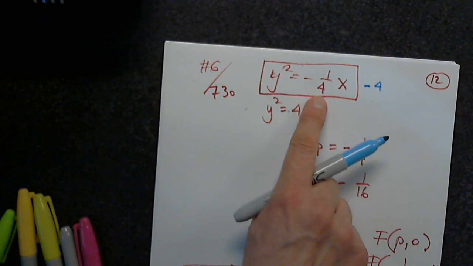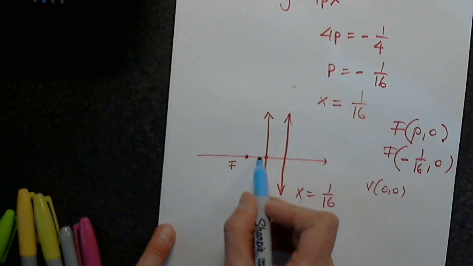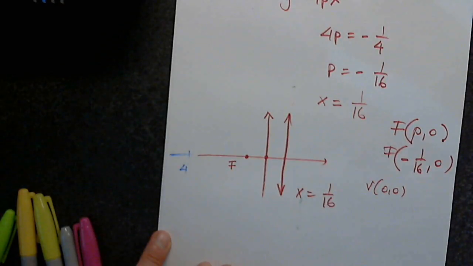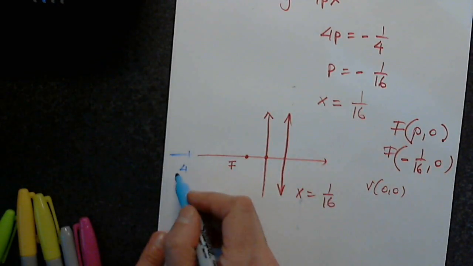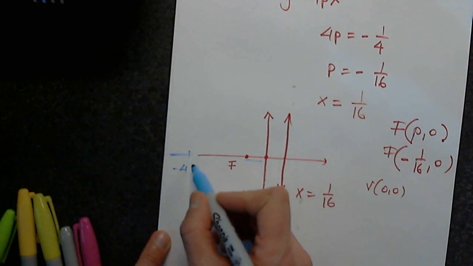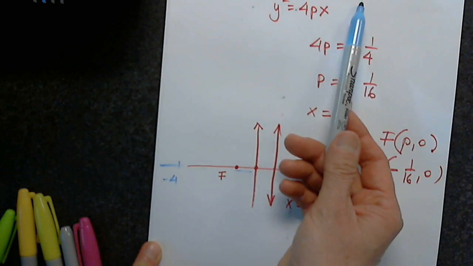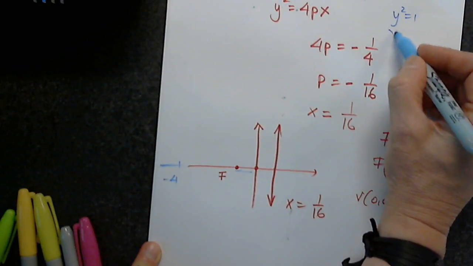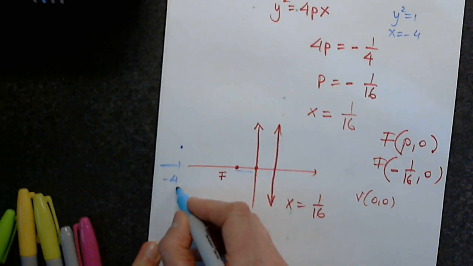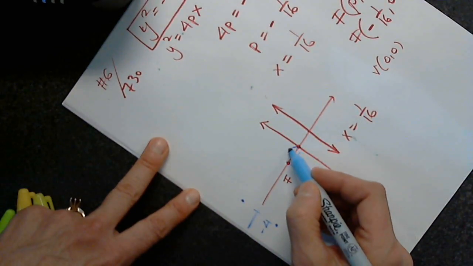When x is -4, times -1/4, y squared is 1. So y squared equals 1 when x equals -4. I take the square root, plus or minus 1. So this is one point, and this is the other, exactly when x is -4. And now I can graph.